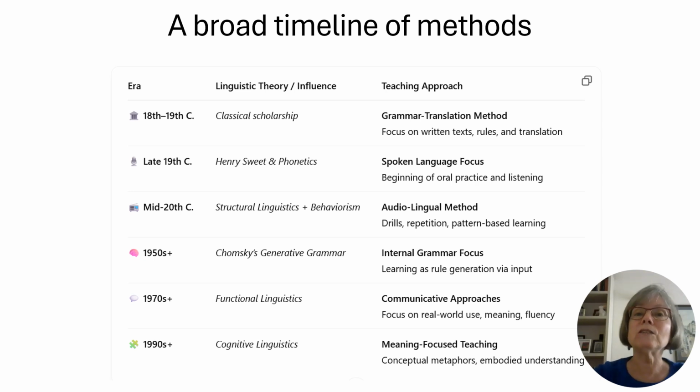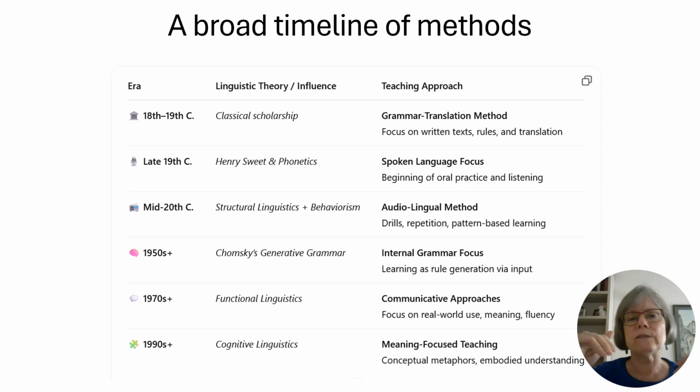Okay, now that you've had time to reflect on your own language learning experiences, let's look at a broad timeline of methods of language teaching over the years and think about the linguistic theories that influenced them. This is not to say that people don't combine, for example, classical scholarship with communicative language teaching.